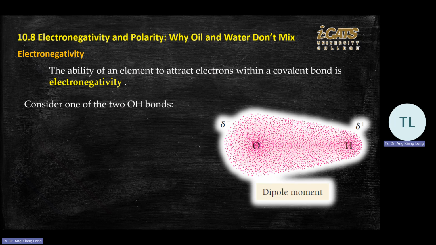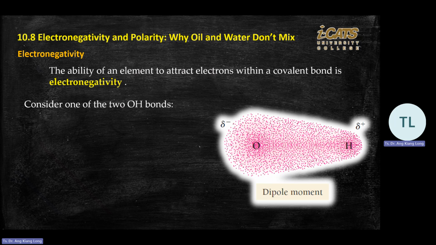Hydrogen only has 1 orbit. So if you draw the shape of the orbit, oxygen will be bigger than hydrogen. And if you look at the electron, we talk about a cloud. The pink color is a possible position of the electron. Electrons can run anywhere they want, but within the orbit.